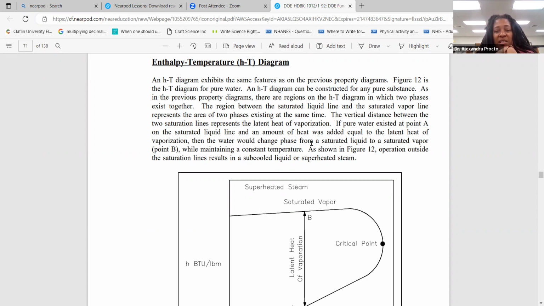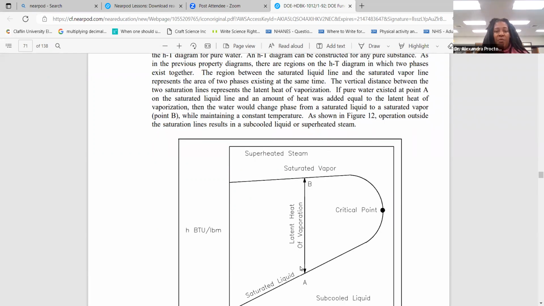So if pure water existed at point A on the saturated liquid line, and an amount of heat was added equal to the latent heat of vaporization, then the water would change phase from saturated liquid to saturated vapor, which you see here at point B.